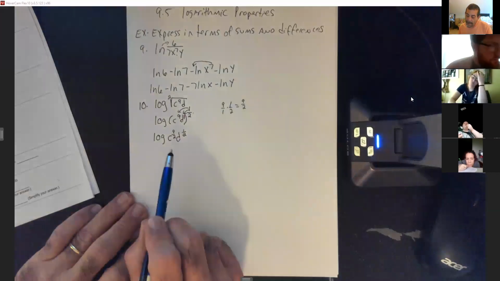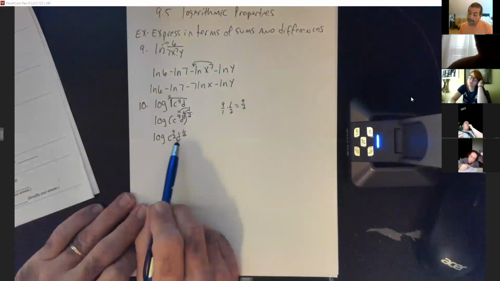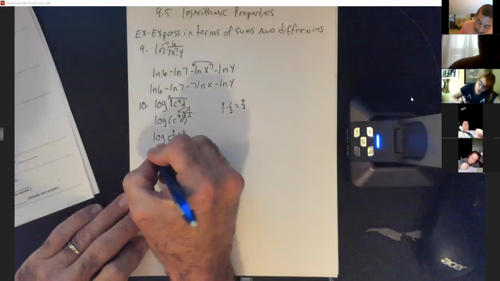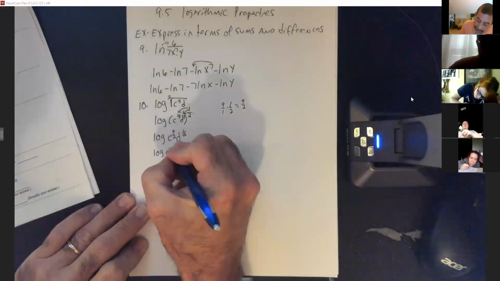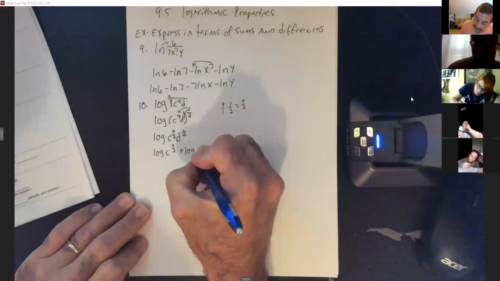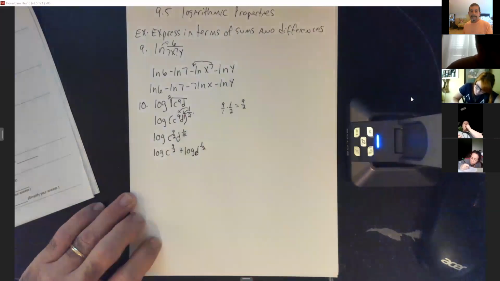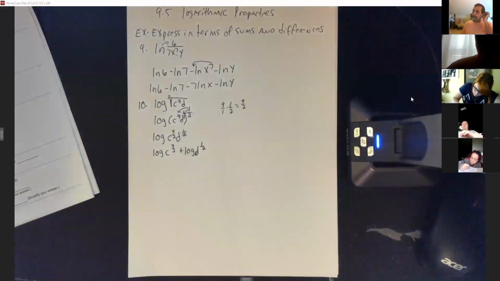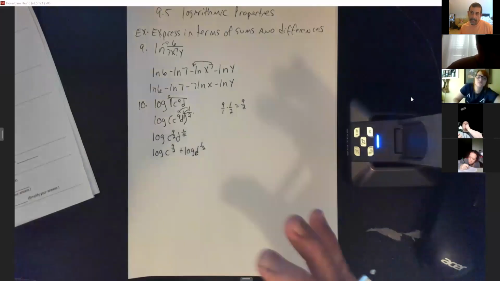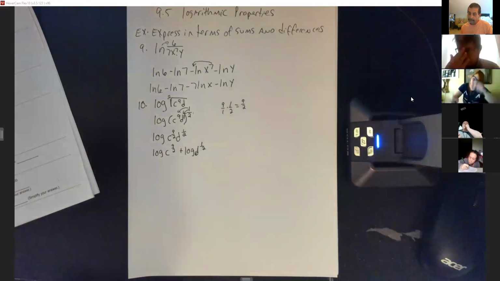Now since you got 2 factors being multiplied, we're going to rewrite it as addition. So you get log c to the 9/2 plus log d to the 1/2. So remember, you always separate a product out as a sum, and we separate our division out as differences.